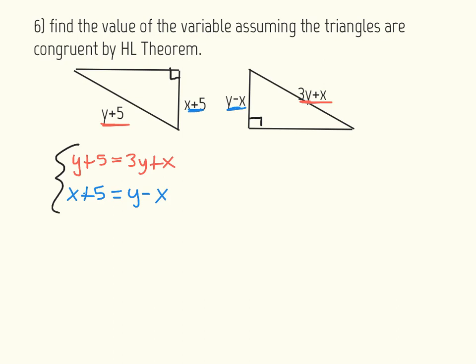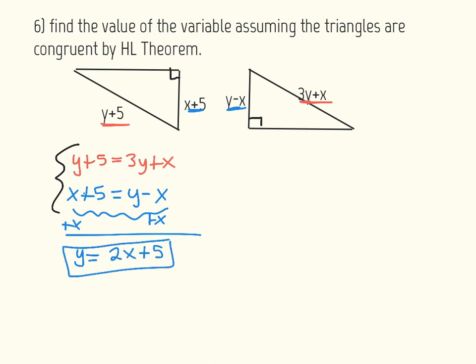When we are solving a system of equations, we can use substitution or elimination. I'm going to use substitution on this and solve the second equation for y. So if I add this x over to the other side, then I would have y equals 2x plus 5.